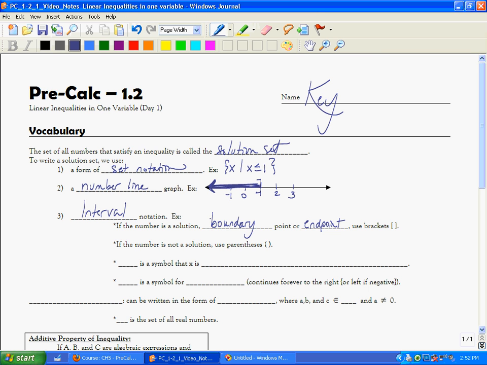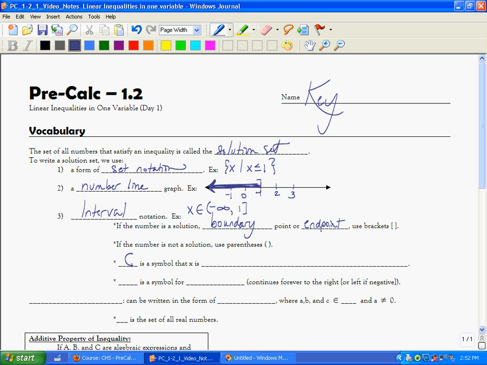We have x is an element in the interval where it goes from negative infinity all the way up to 1, including the 1. So the 1 has that closed bracket because it's a boundary or an endpoint, and then the open parenthesis because negative infinity goes on forever and there's no boundary to that.